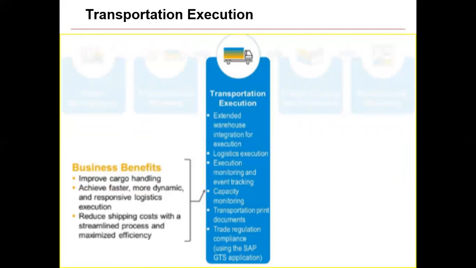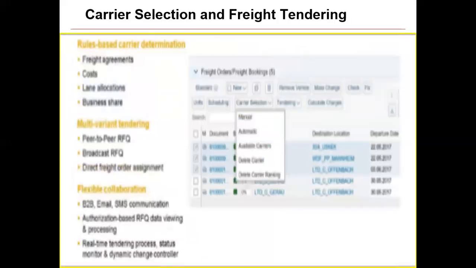Next, we shall see transportation execution in the next class. So all these activities related to transportation planning and order management are covered for today's class. Any questions up to these two sections, order management and transportation planning?